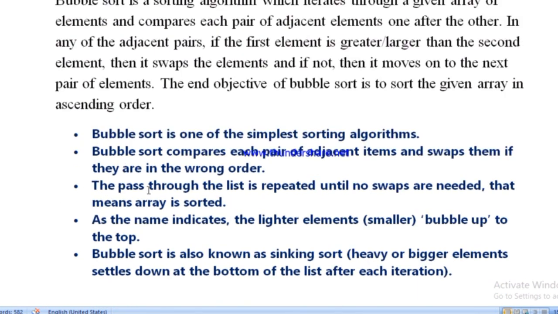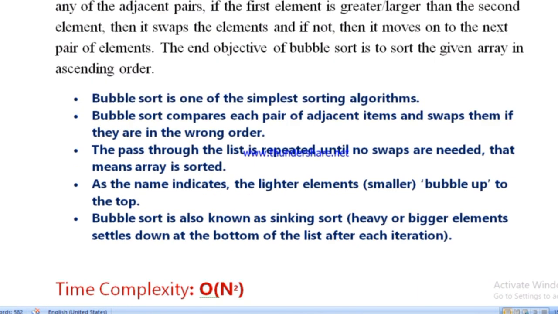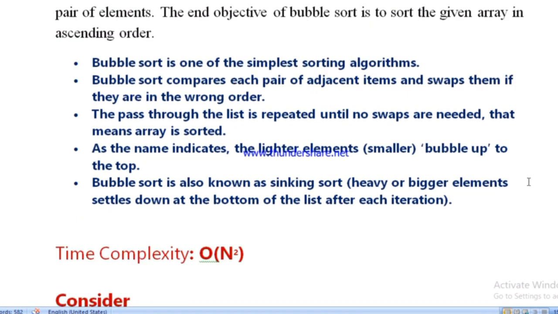Some points I have mentioned here. Look at the points. Bubble sort is one of the simplest sorting algorithms. Bubble sort compares each pair of adjacent items and swaps them if they are in the wrong order. Third point, the pass through the list is repeated until no swaps are needed, which means the array is sorted. Fourth point, as the name indicates, the lighter elements bubble up to the top.